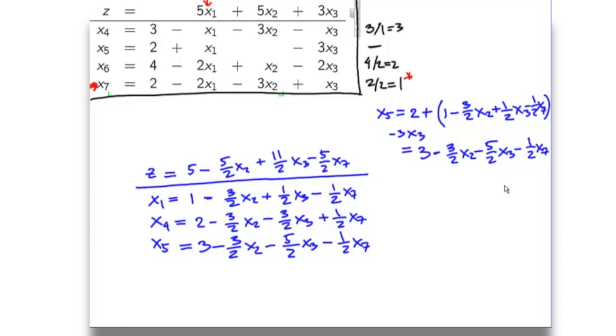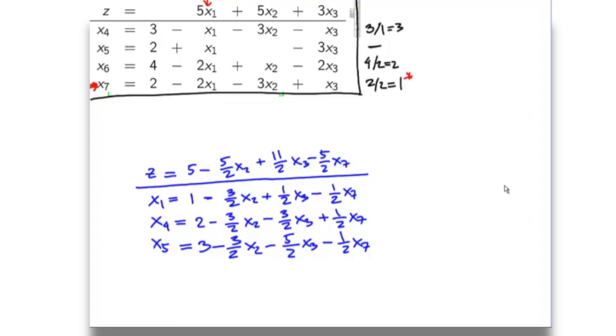So let's now find the expression for x6, and then we'll be done. For x6 we have 4 minus 2 times x1, where x1 is 1 minus 3/2 x2 plus 1/2 x3 minus 1/2 x7. Then we have plus x2 and minus 2x3. Which is 2.